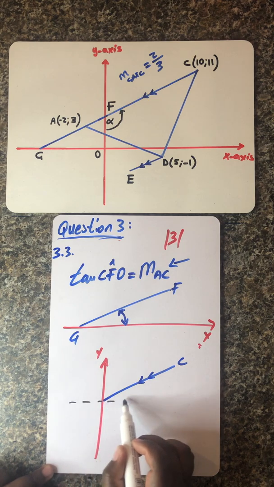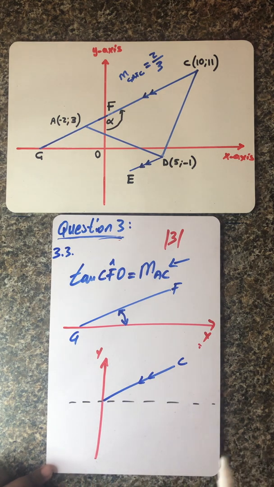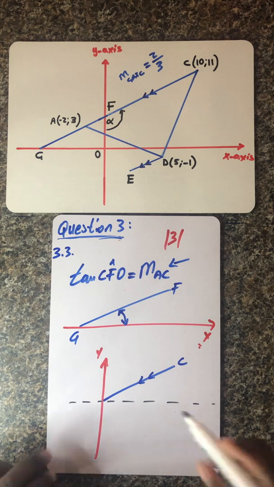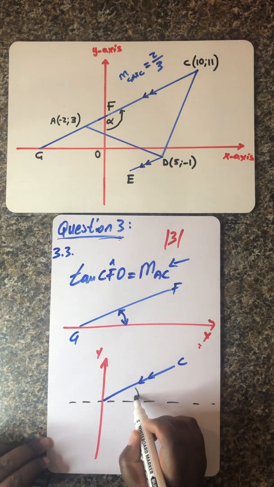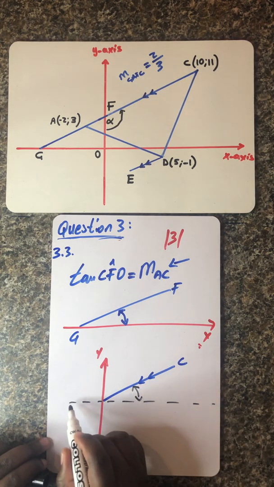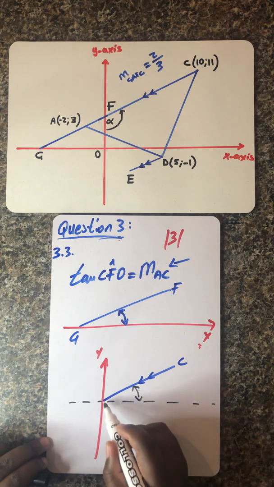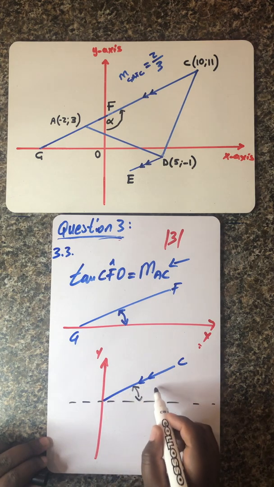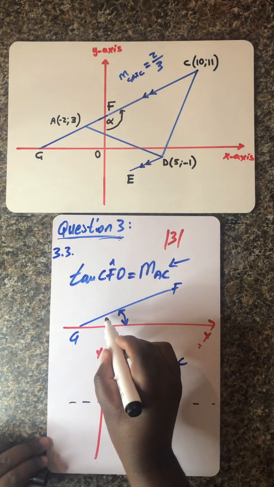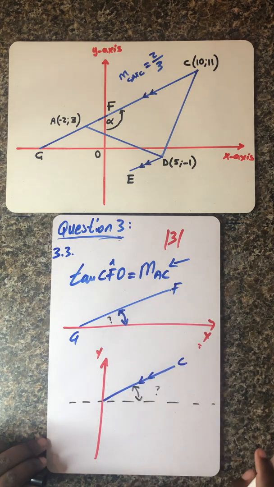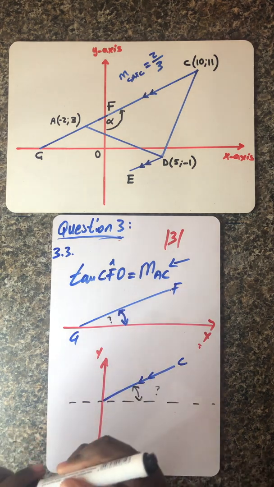You remember, guys. So this angle between that horizontal dotted line and that same line, is it not the same as this angle, ladies and gentlemen? That's the question that I'm asking.